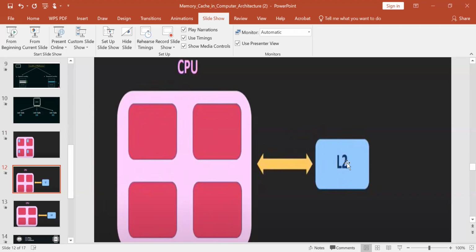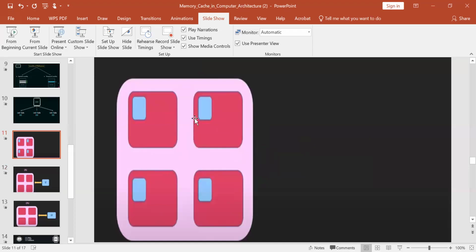And they are also shared across all the cores if they are outside. They are also connected with a very high speed bus to the CPU in order to run very fast. They are very fast, but slower compared to the level one cache, which is integrated within the CPU itself.